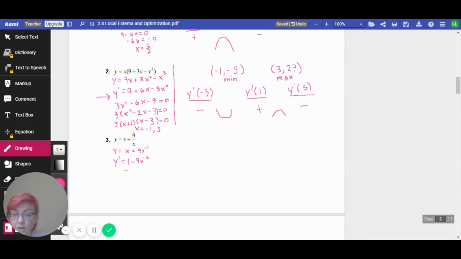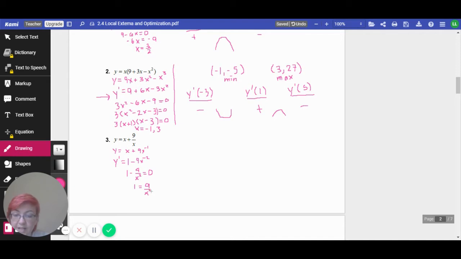Okay, setting this equal to 0, 1 minus, back to fraction form, 9 over x squared equals 0. Subtracting 9 over x squared from both sides, 1 equals 9 over x squared.